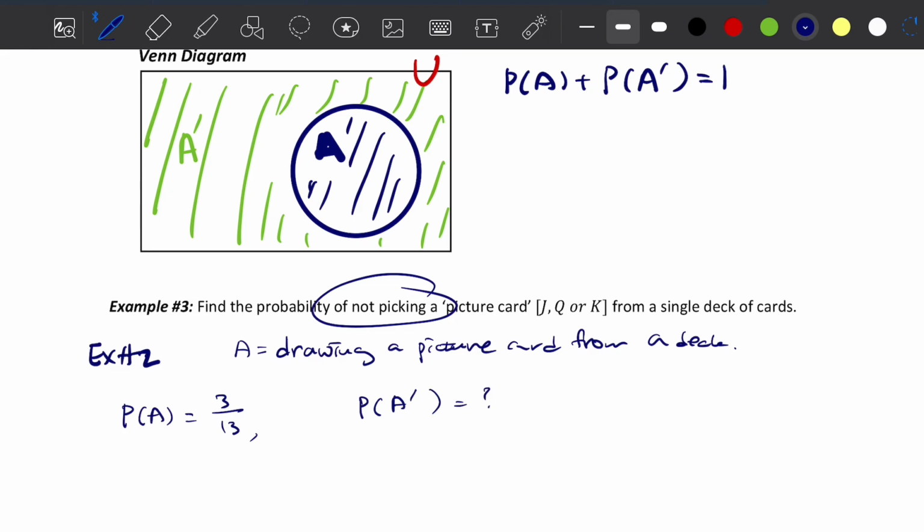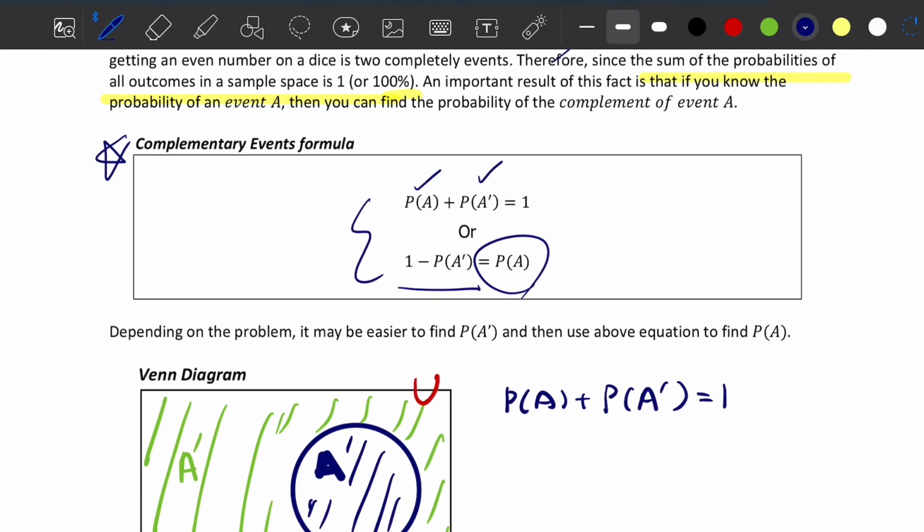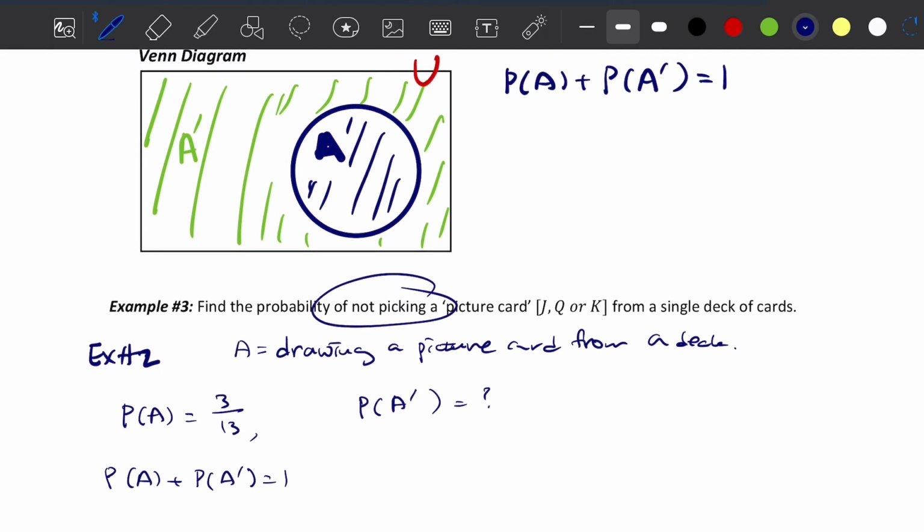So using the formula that was shown in the formula box here, we can calculate the probability of not picking a picture card by subtracting 3 over 13 from 1. So it's 10 over 13, and 10 over 13 is the probability of not picking a picture card.